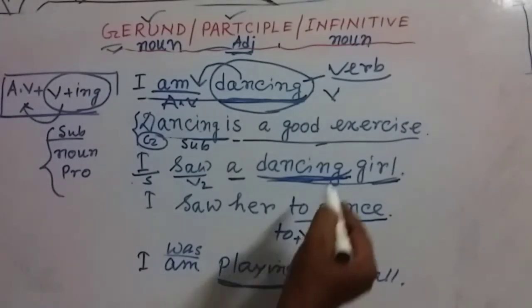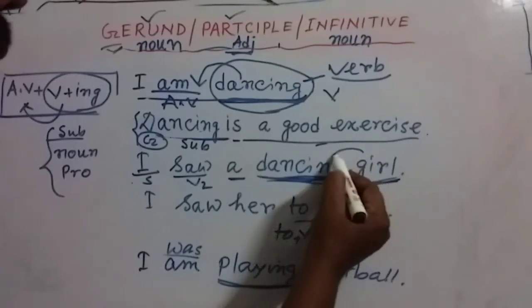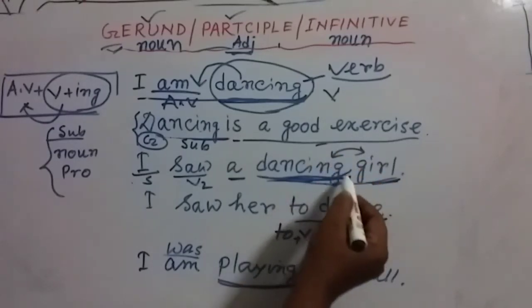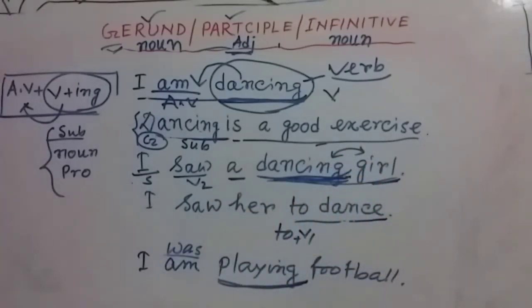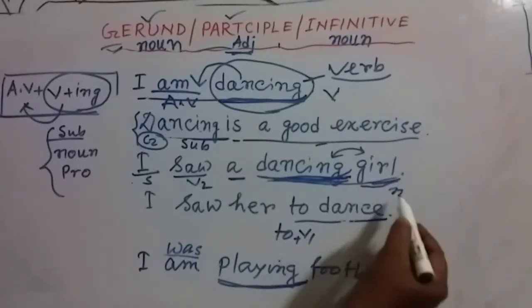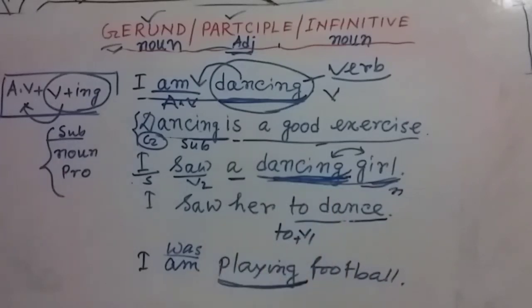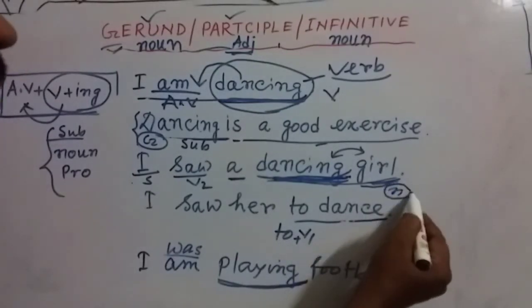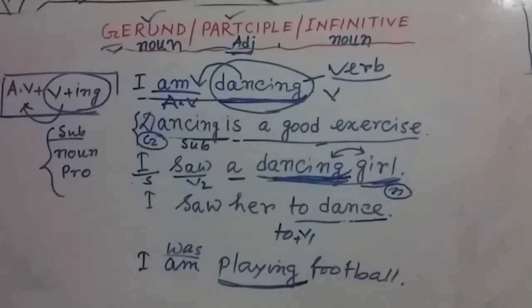Here you can see this term is modifying this one. This term is saying something extra or something special about a noun. So this is the girl, this is a noun, and this word is informing you about the state of this girl.